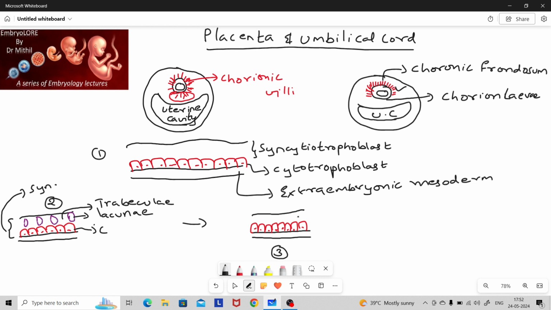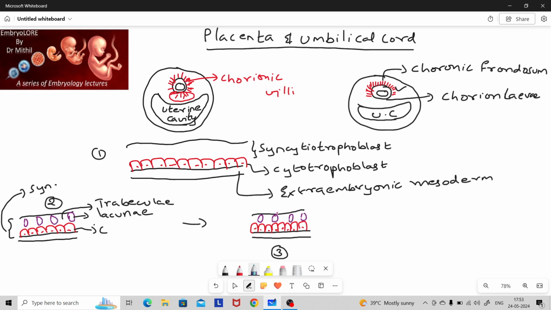Between these is the syncytiotrophoblast. Now here the lacunae will be there, and in between them the intervillous spaces have developed. In the intervillous spaces, the blood vessels will get eroded and the blood will be entering into the lacunae.